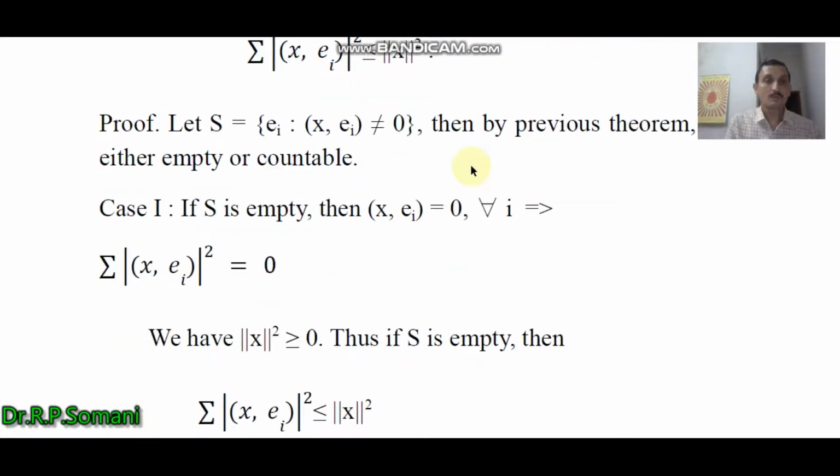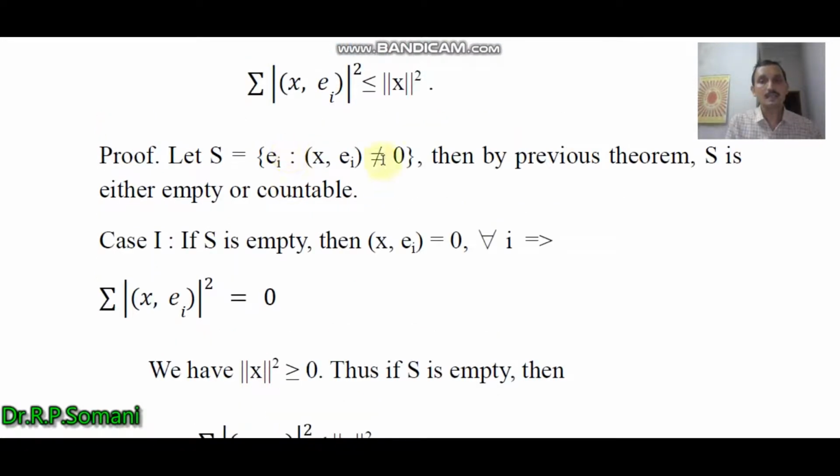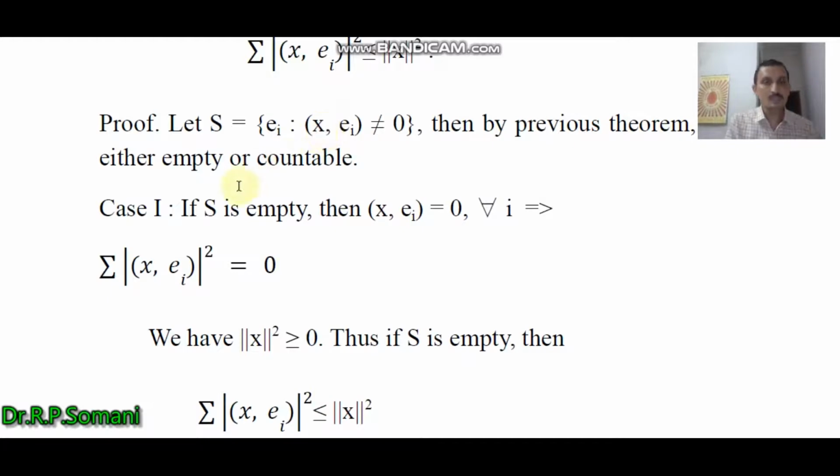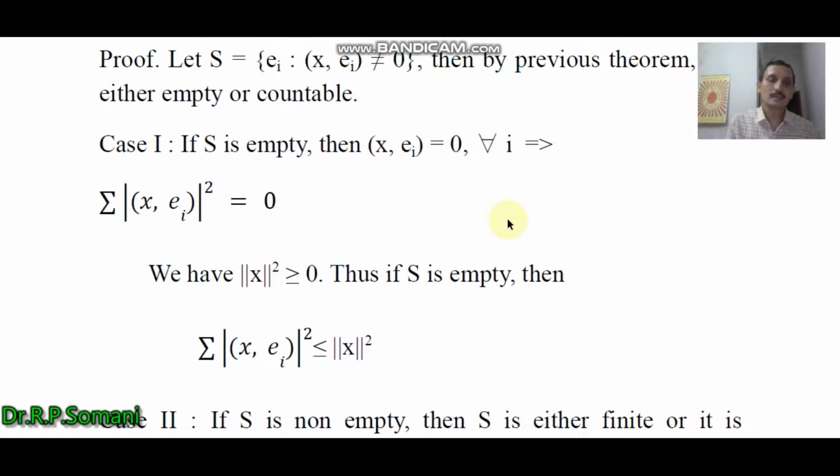For the proof, let S equal {ei such that ⟨x, ei⟩ is not equal to 0}. Then by the previous theorem, S is either empty or countable. So we will consider separate cases. Case 1: if S is empty, then ⟨x, ei⟩ equals 0 for all i, and therefore the summation of |⟨x, ei⟩|² equals 0.